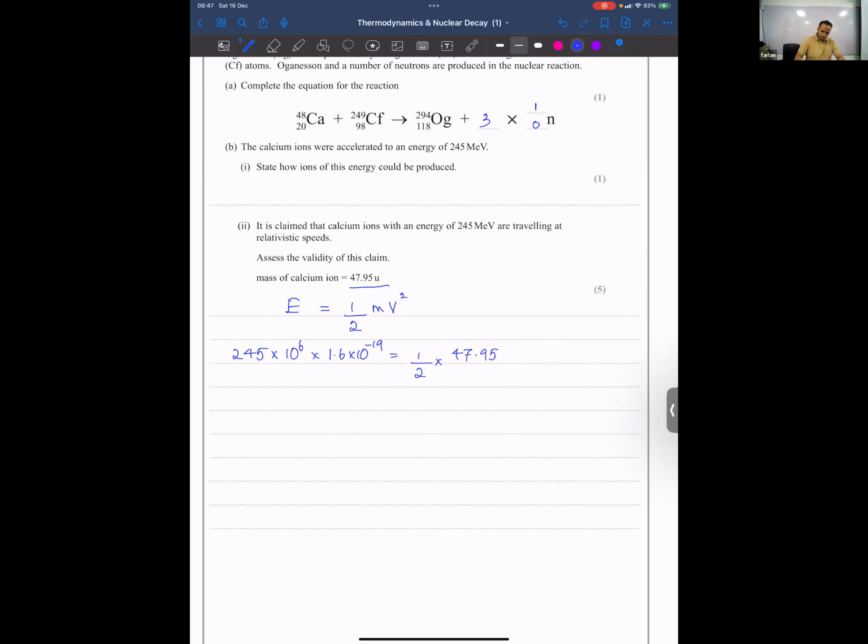Find the v from here. It's 3.138 into 10 to the power 7 meters per second.